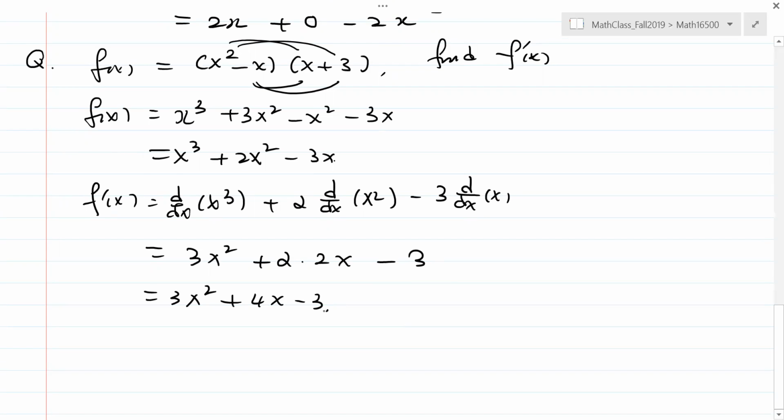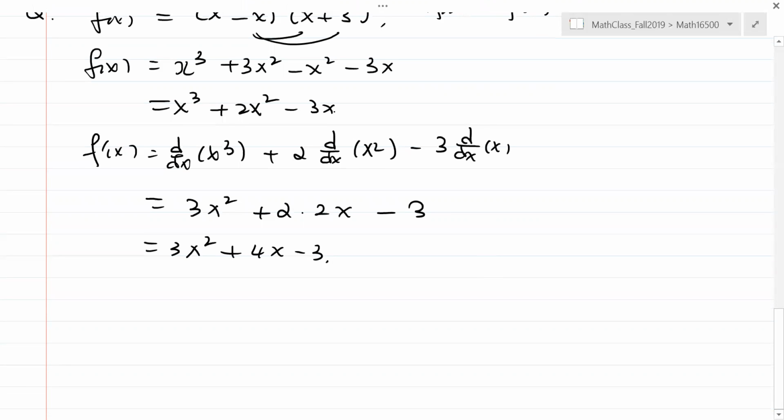As you can see, sometimes we have to deal with the product of two functions. You can show that there's another formula for the product of two functions. For the product of two functions, it's not going to be the product of two derivatives.